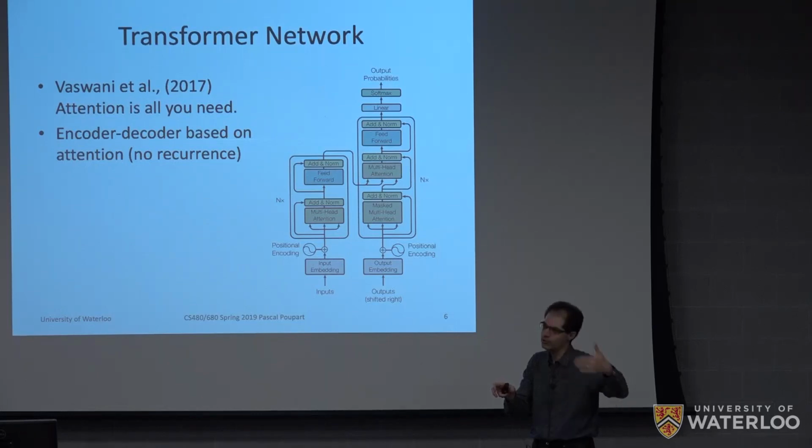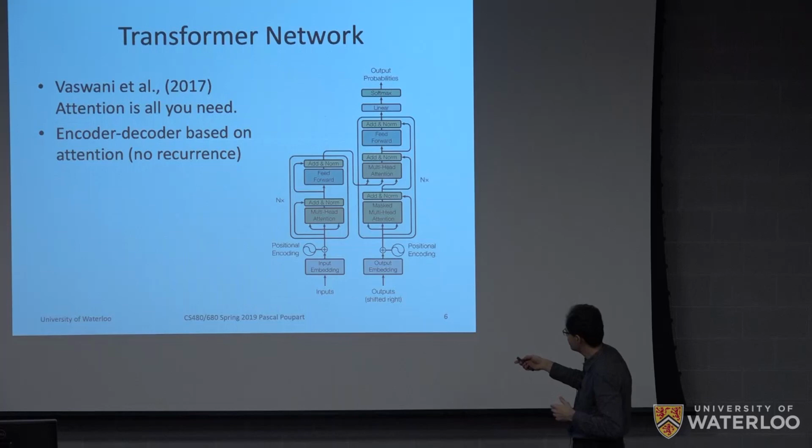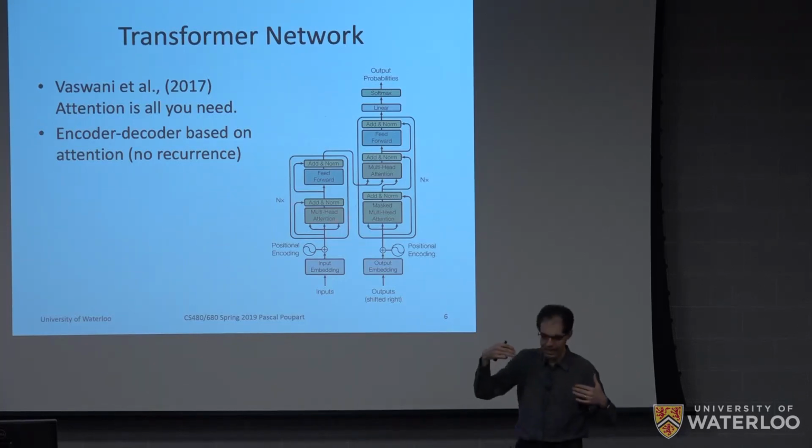So here the values are going to be the same as the keys, and then take a dot product of that to produce a better embedding. So the idea is that this multi-head attention will essentially take every word, combine it with some of the other words through the attention mechanism to essentially produce a better embedding that merges together information from pairs of words.